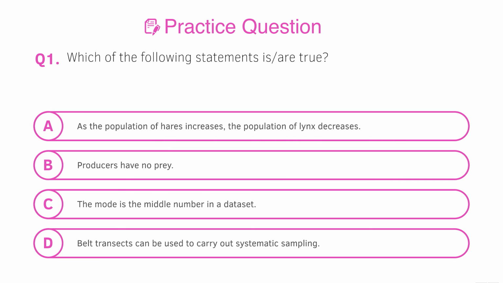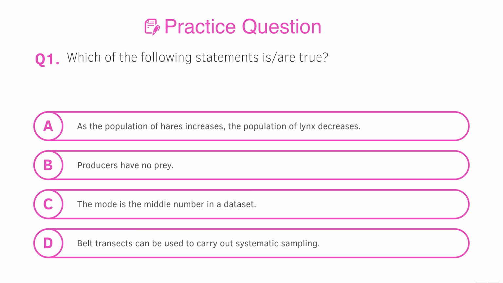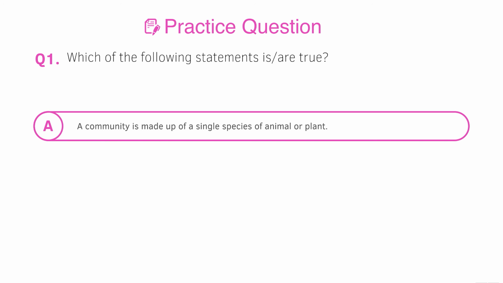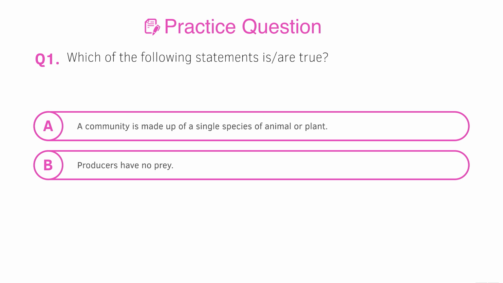So let's go through this. A, oopsie, it's changed. A should say, as the population of hares increases, the population of lynx decreases. That's not quite the right statement there, my apologies. But that is true because of the predator-prey dynamics. Then B, producers have no prey.